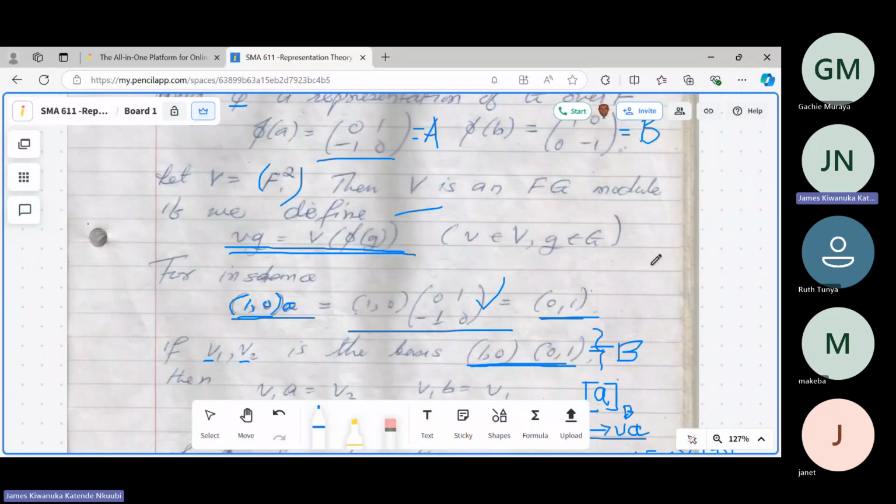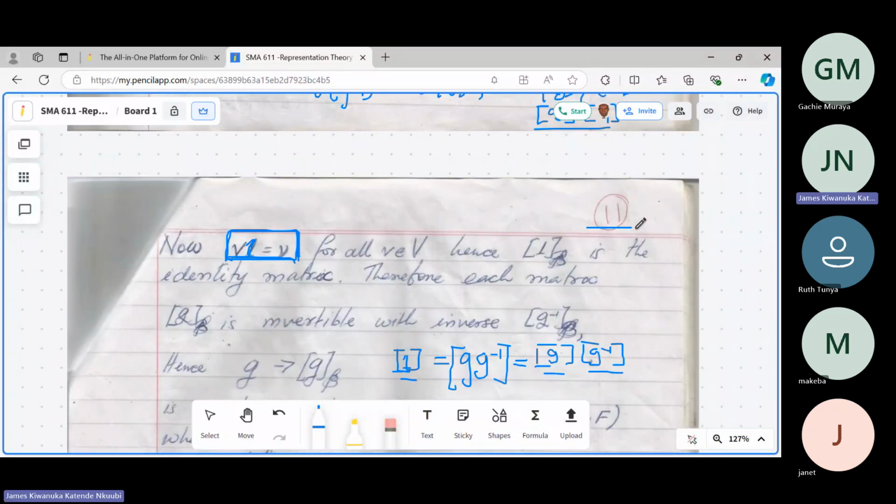So was the previous one 12? Yeah, page 12, I think, was not scanned. I have no idea where it is.